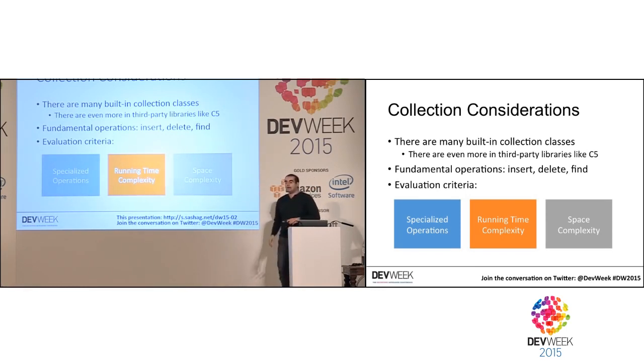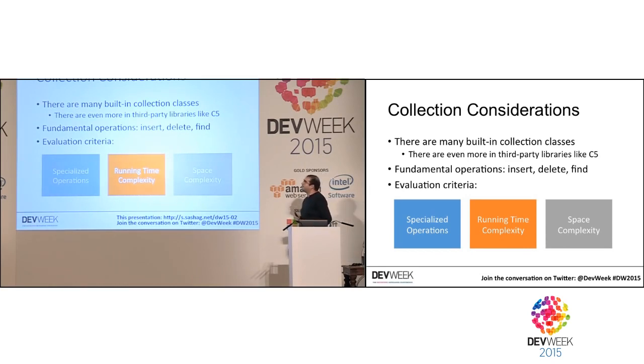That's wonderful. So C5 is a really great library that has implementations for pretty much everything you find in an algorithms and data structures book, plus it has some specialized collections. And they usually are very rigorous about giving you the asymptotic guarantees and documenting every little detail, even better at that than the .NET Framework collections occasionally.